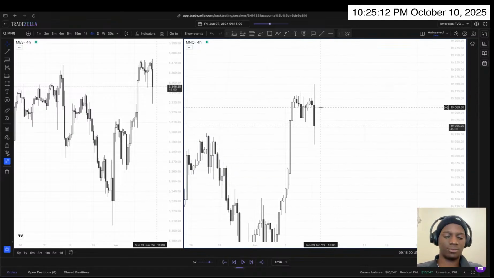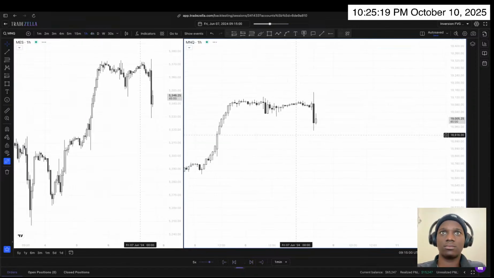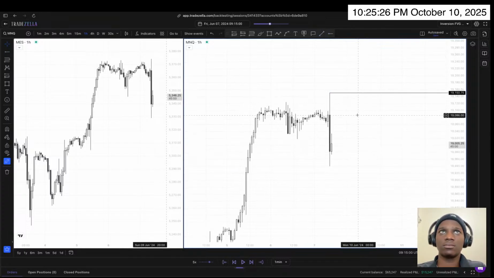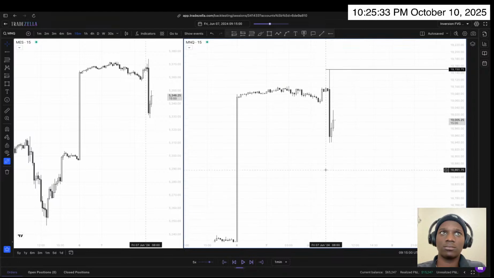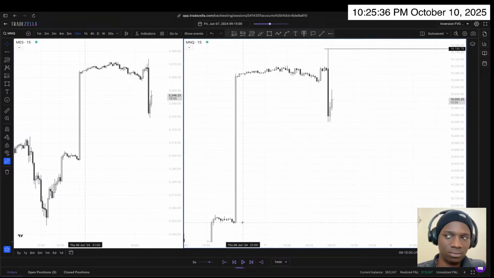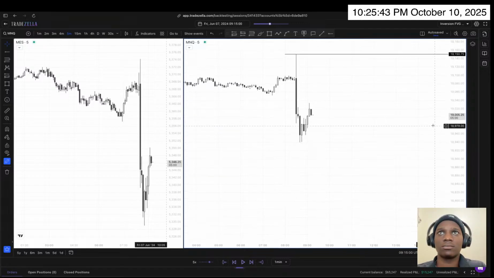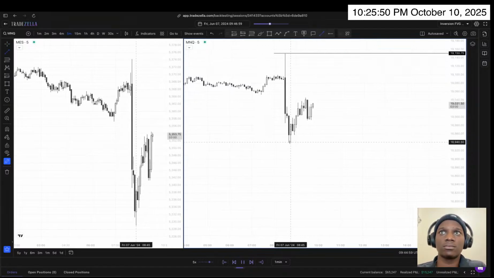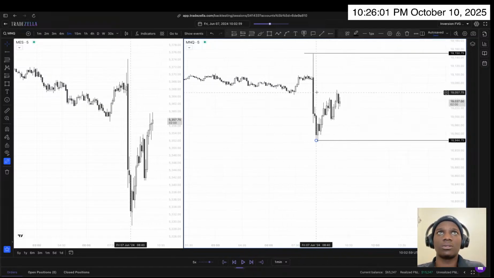Run these levels here for a while. You see it draw lower.